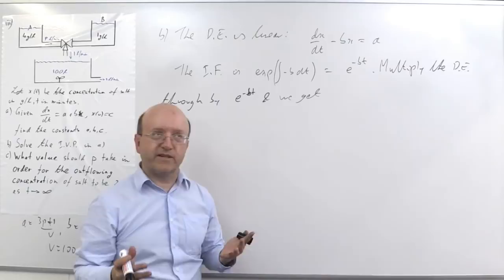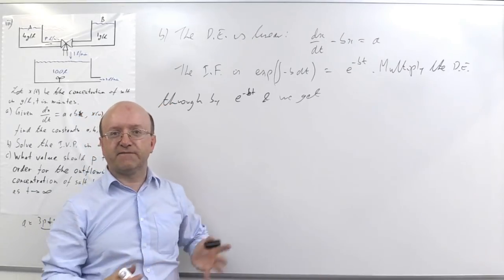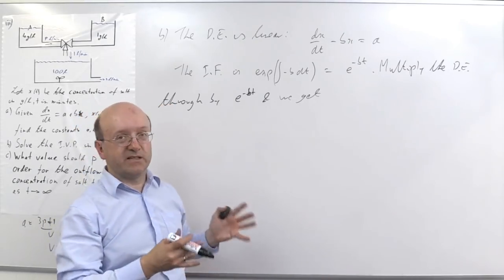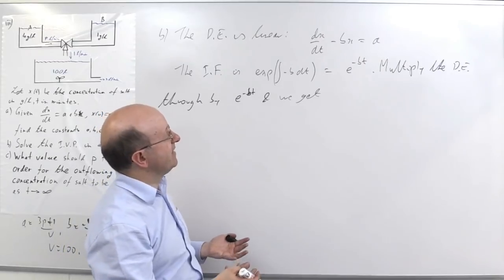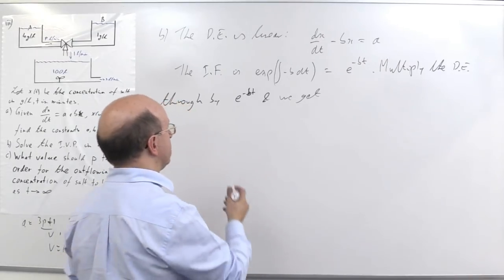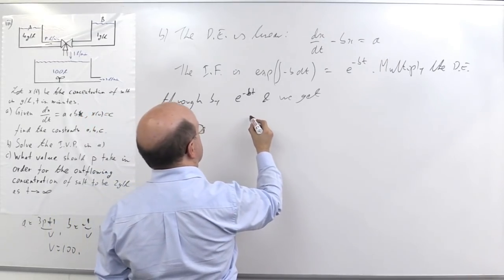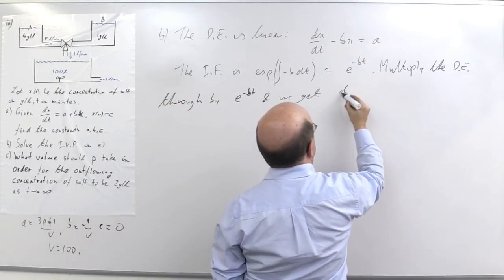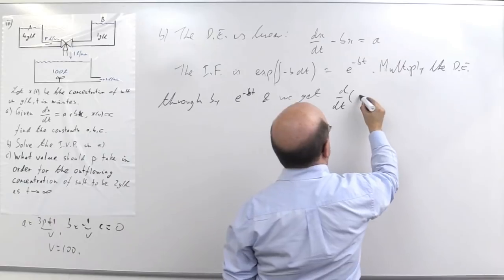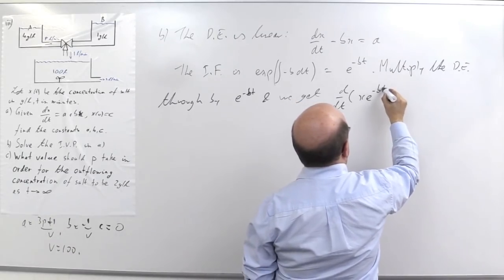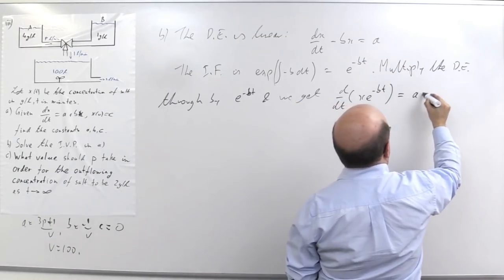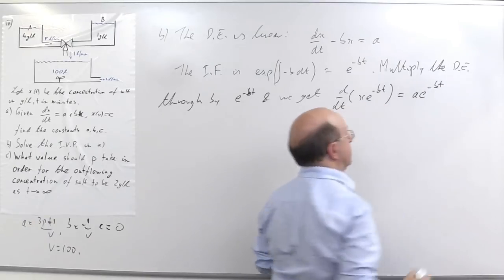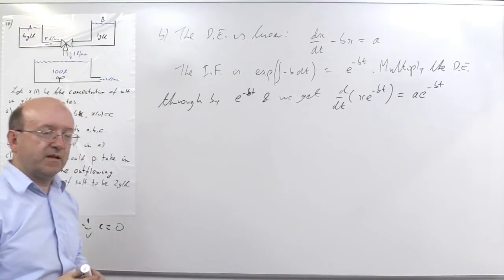The whole point of the integrating factor is to make the left hand side d by dt of integrating factor times dependent variable, so we're going to get that. So rather than write down an extra line, we'll just leap straight to what we know. d by dt of x e to the minus bt should be a e to the minus bt.